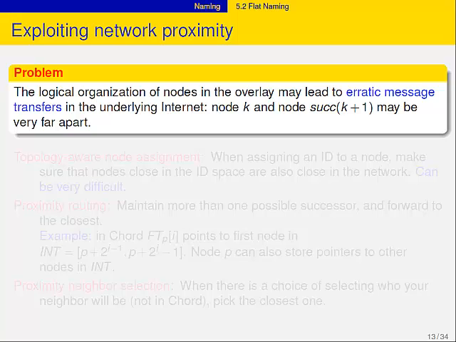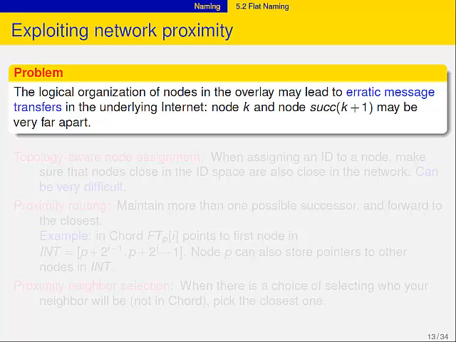So what people have been thinking about is, may it be possible to make sure that I still have this logical organization, but that I choose my neighbors in such a way that they are also, let's say, physically close by? Because then if you would route through your overlay, you would be making hops that kind of correspond with the underlying topology. So that's the problem here.